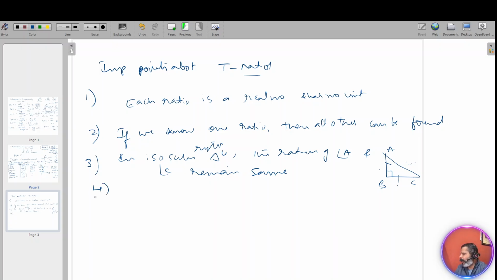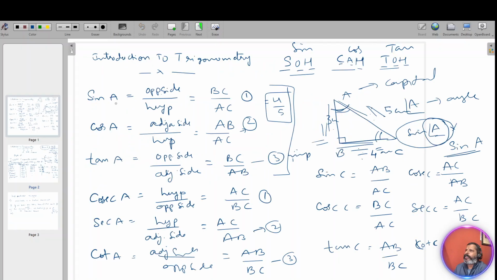Okay, the last one is, since it's a right angled triangle, the hypotenuse AC is always the longer side. If you check out sine and cos, the hypotenuse has come in the denominator; in cosecant and secant, the hypotenuse has come in the numerator.